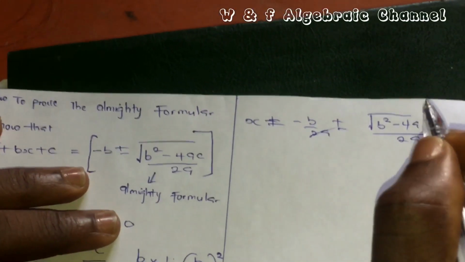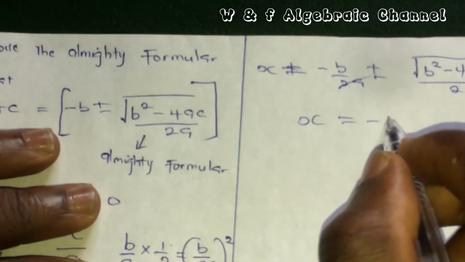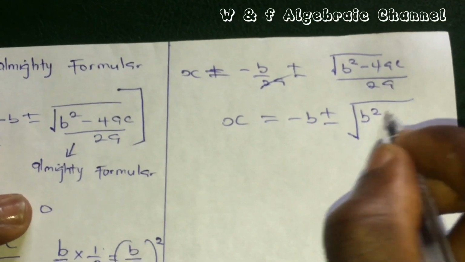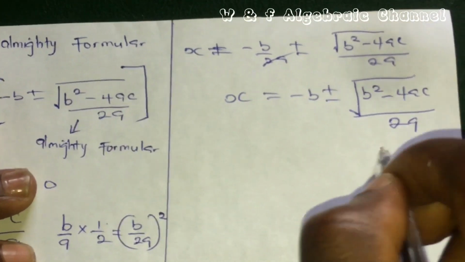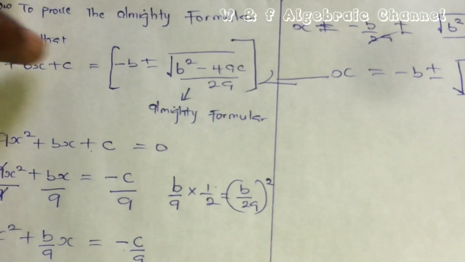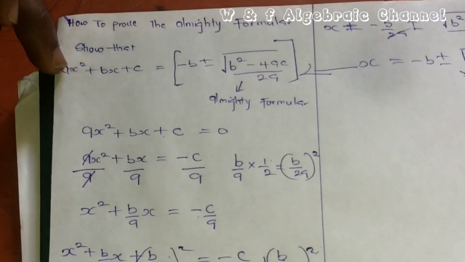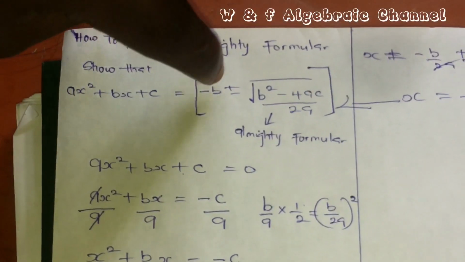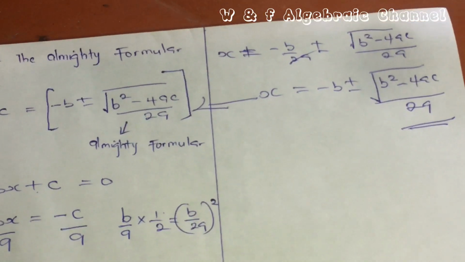We'll be left with x equals minus b plus or minus root b squared minus 4ac all over 2a. We have fallen back to our almighty formula, which is this. Now we have successfully shown that x equals minus b plus or minus root b squared minus 4ac all over 2a.